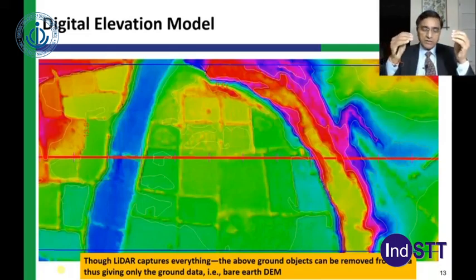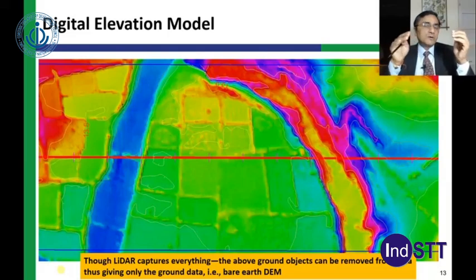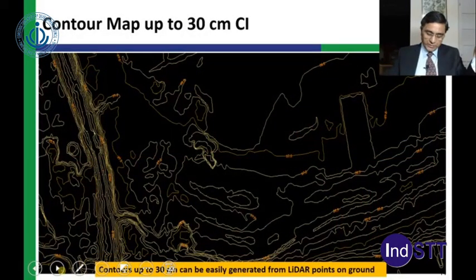The requirement of going to the field again and again can be reduced, and this has also been observed in the Mumbai-Ahmedabad high-speed rail corridor project that we had done. From the data you can generate a digital elevation model, which is again required for the planning, and then contours, which is simple.